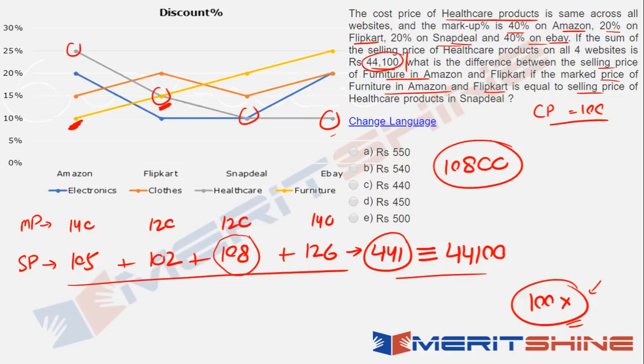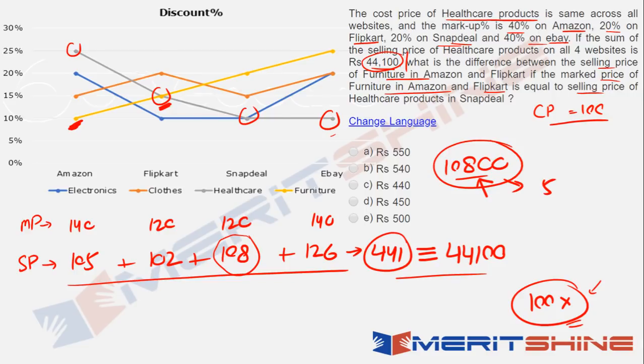Amazon furniture 10% discount, and Flipkart furniture, yes, yellow bar in Flipkart, it's 15% discount. So what would be the difference between the selling price? This is the common marked price for both Amazon and Flipkart for furniture. You can see that the discount on one is 10% and the other is 15%. So the difference in the selling price would be equal to 5%.